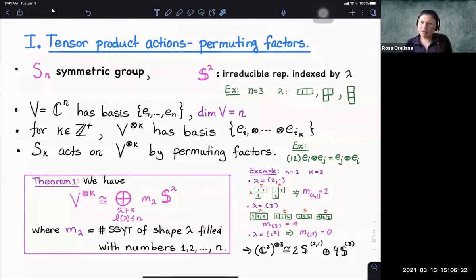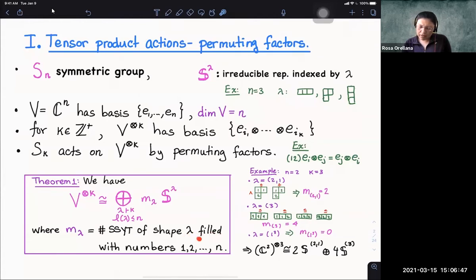So that's one of the main themes in representation theory: you have representations that you define via actions, and once you have them, you want to decompose them. In this case, we know that these coefficients turn out to be semi-standard Young tableaux, or what Mike calls column strict tableaux in his talks, of shape lambda.